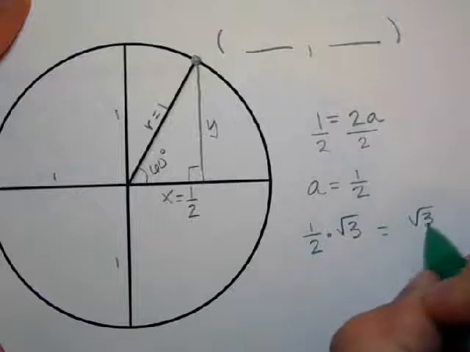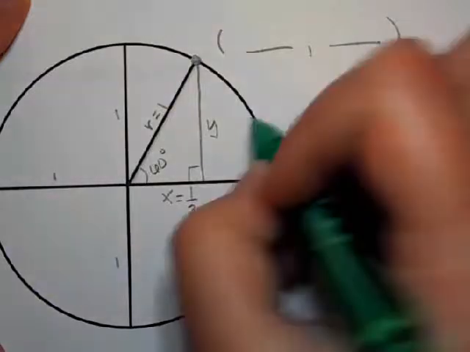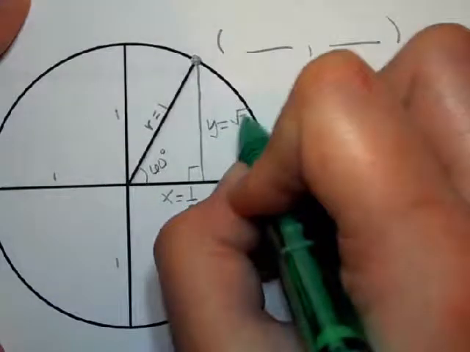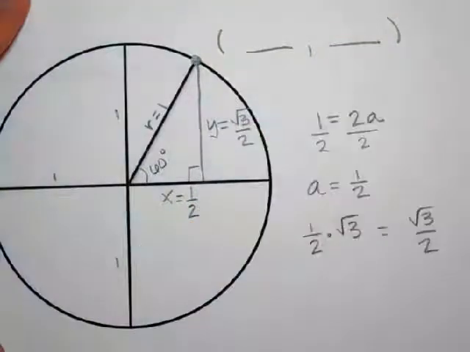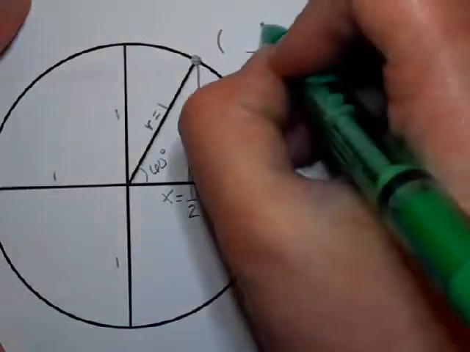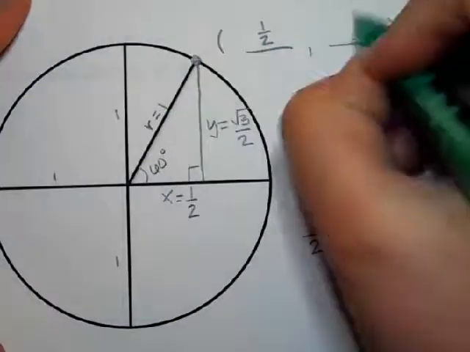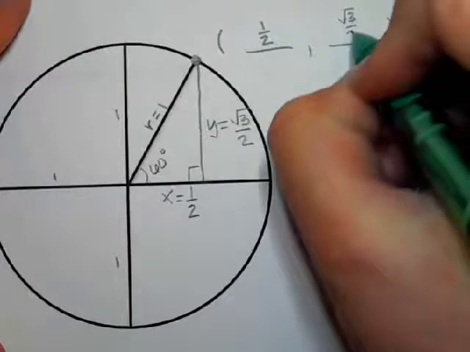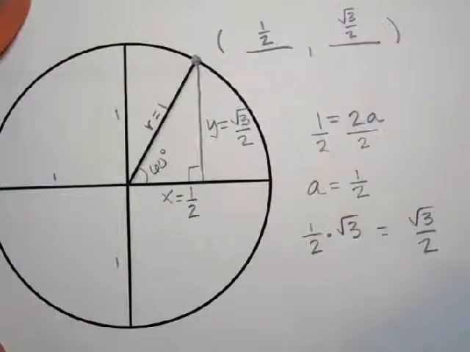And so y equals root 3 over 2. So our x coordinate is 1/2. Our y coordinate is root 3 over 2. Okay, brains feel good? Yeah?